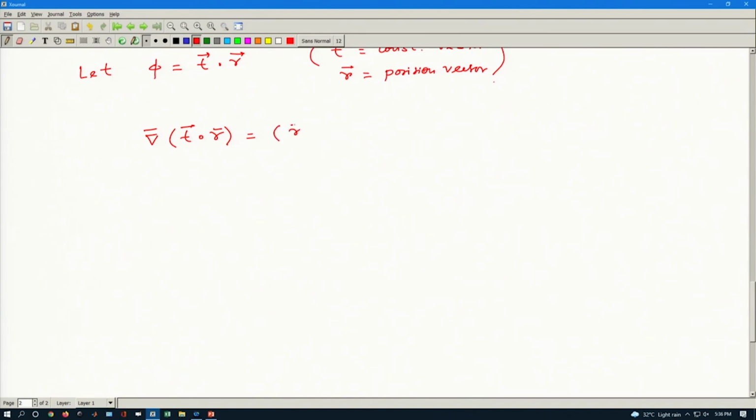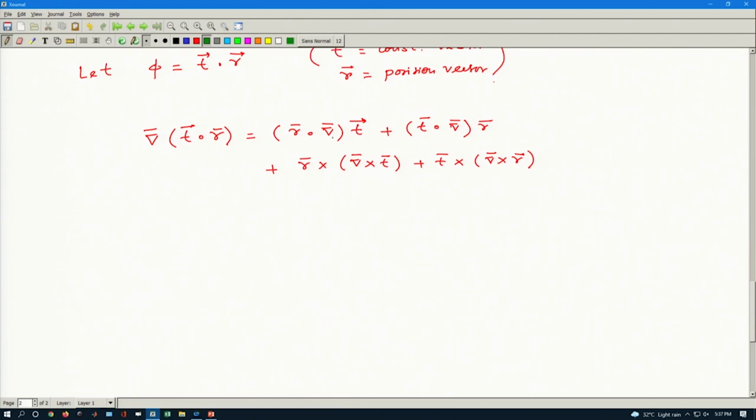It should be r dot gradient over t, but mind you, t is constant, I am just writing the full expansion, then t dot gradient over r, then plus r cross curl of t, and then t cross curl of r. That is the vector identity, but you can see that many terms are 0.